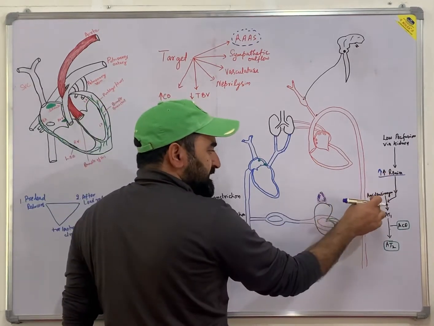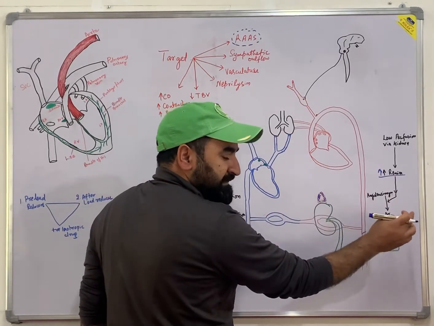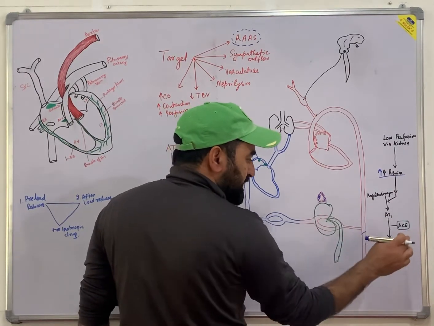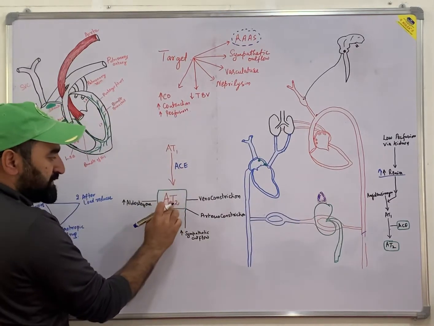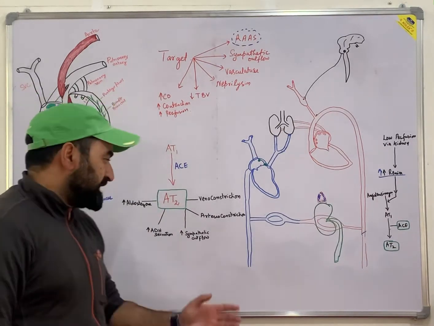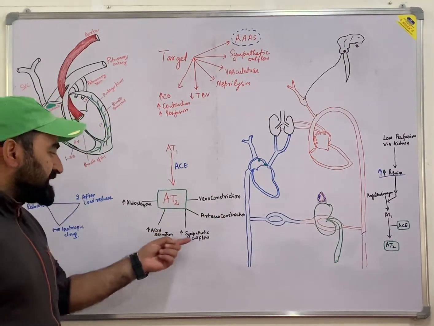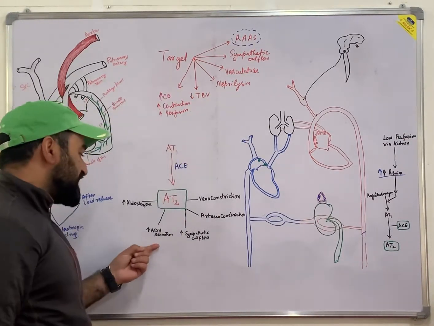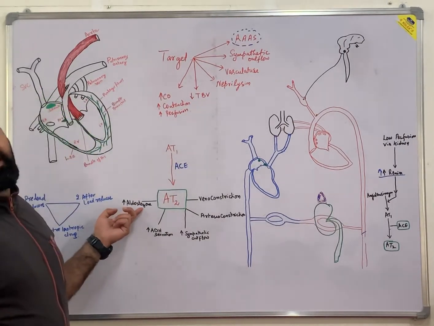When there is increase in the renin secretion, angiotensinogen from the liver gets converted into AT1, and with the help of enzyme from the lungs, that is ACE, angiotensin converting enzyme, AT1 converts into AT2. You know the AT2, I told you that it is having the intense vasoconstriction activity. That means it causes venoconstriction, it causes arterioconstriction, it increases the sympathetic outflow, it increases the ADH secretion, a posterior pituitary hormone, and it increases the aldosterone.